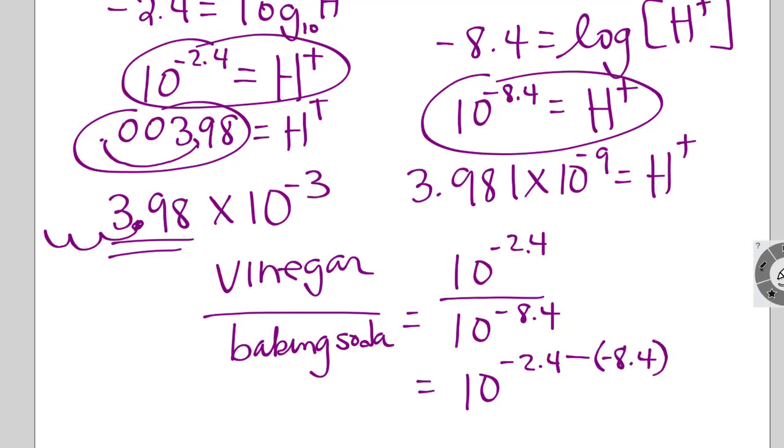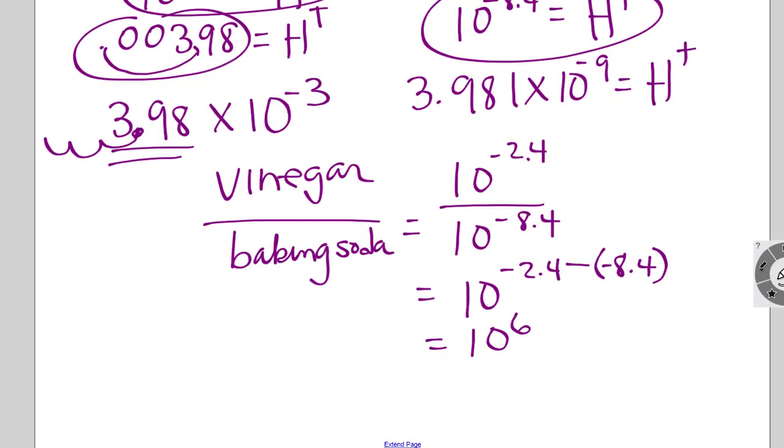And so when we simplify that, it's 10 to the 6th. So we can say that the hydrogen ion concentration of vinegar is 10 to the 6 times greater than that for baking soda. Or in part C, if we answer by how many orders of magnitude do the concentrations differ, the answer would be 6.